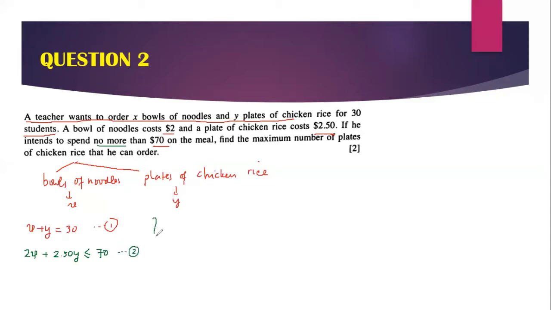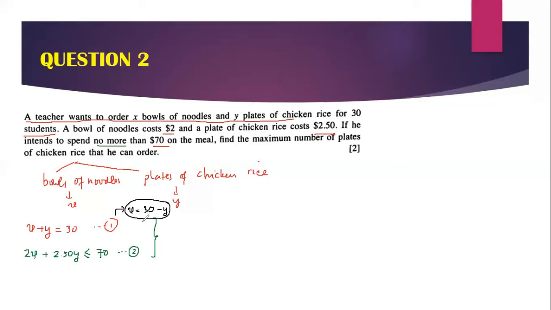Now we're going to combine this information. We can modify the first equation to be x equals 30 minus y. Is it correct?